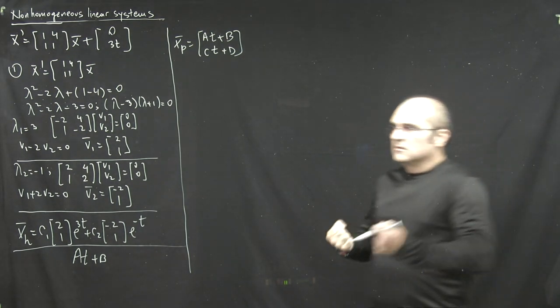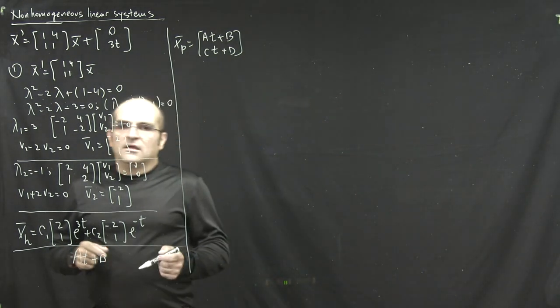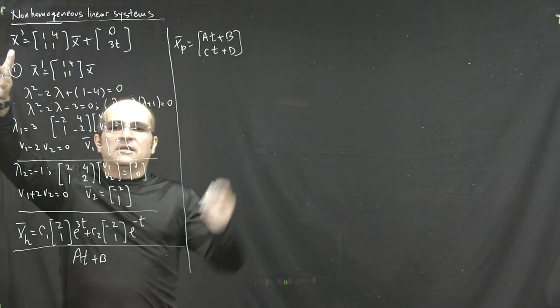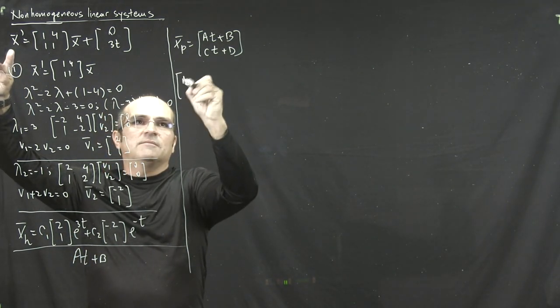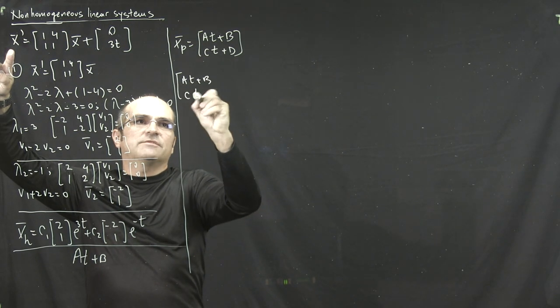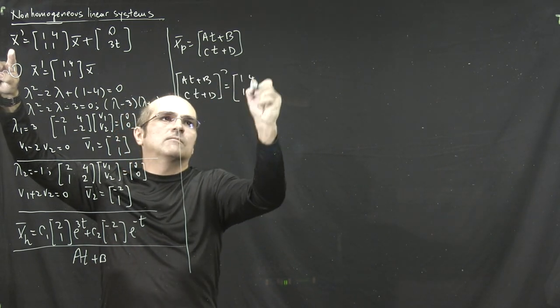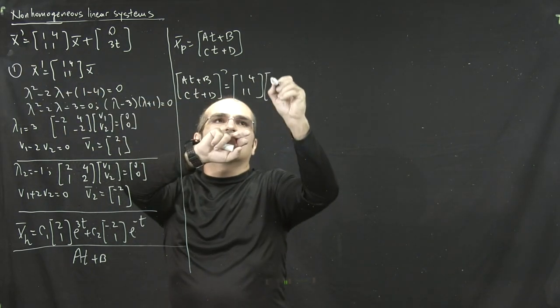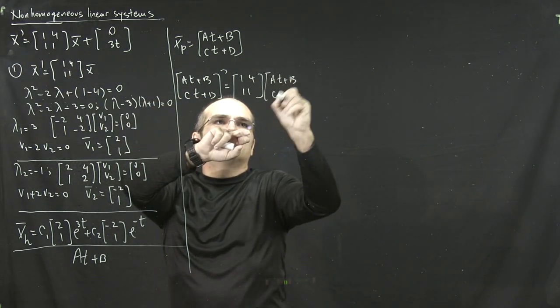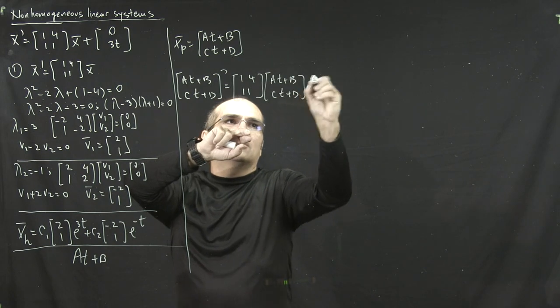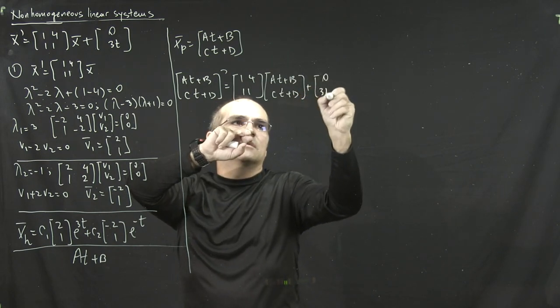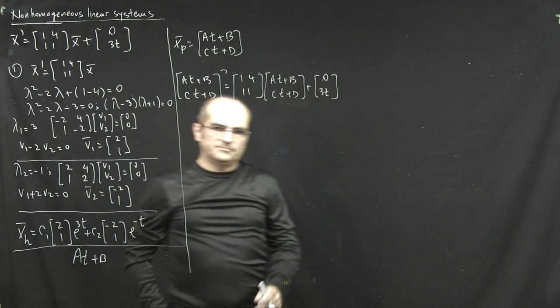And now we can proceed with the work, right? We're going to plug in at plus b on the left side, and we're going to take the derivative on the second step, and combine everything into a single column on the right hand side.